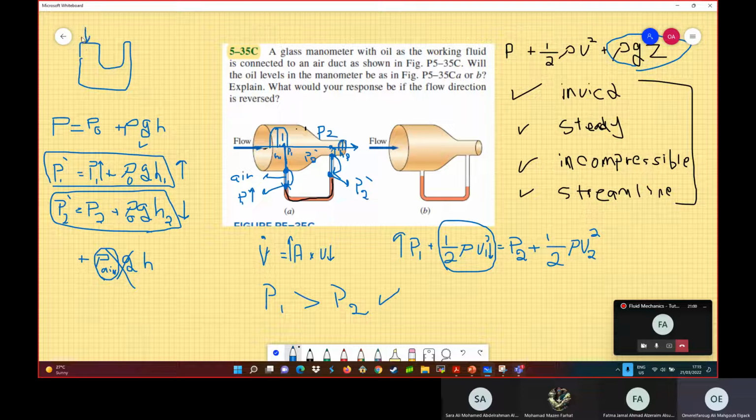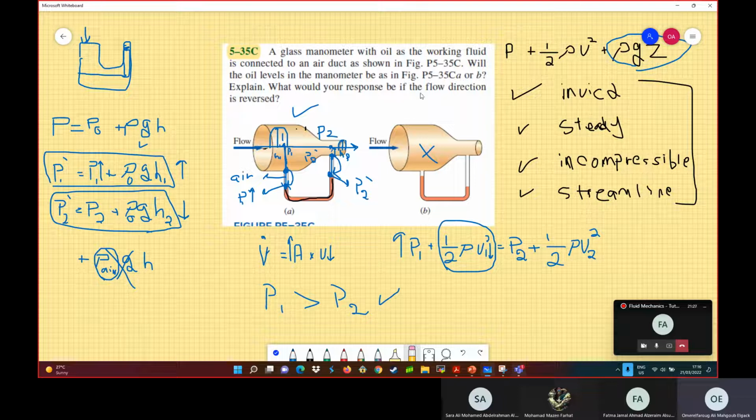If the pressure here is higher, then it will push the fluid to a lower level and the fluid will rise here at the point of the lower pressure. Okay, so this means that this configuration is correct because here it goes down at the region of the higher pressure and it goes up here at the region of the lower pressure, and this configuration will be wrong.